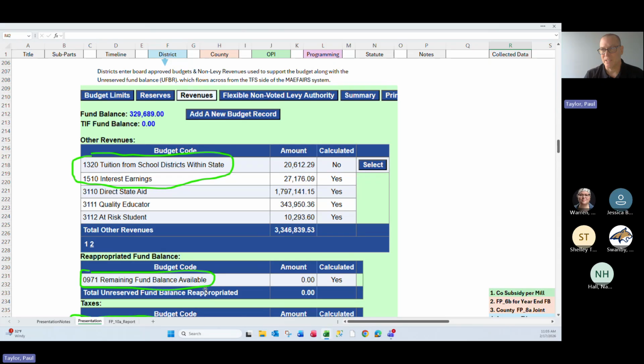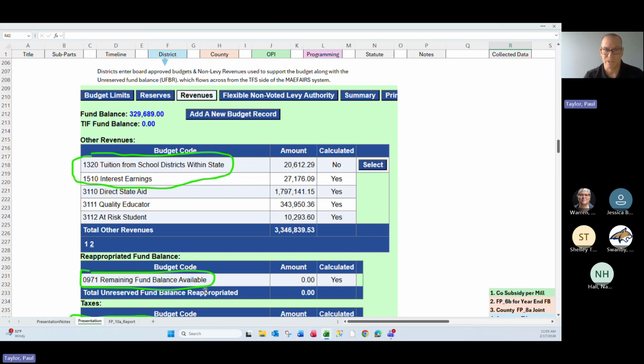In the general fund, you can reserve 10% of your intended budget for the ensuing year, or if you don't reserve it, it will become what is called unreserved fund balance reappropriated. Those dollars are also used to reduce the levy area and therefore would require a smaller levy area that the county is going to have to levy on.